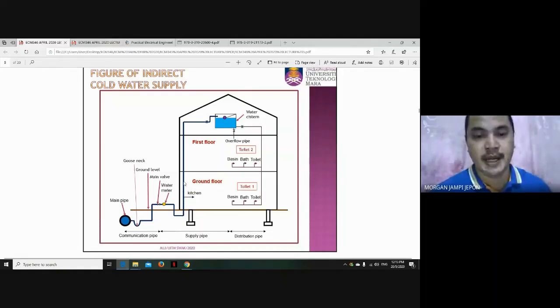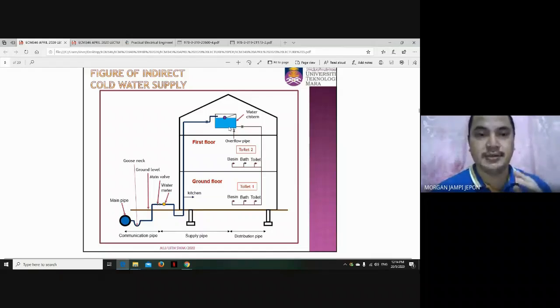And the main pipe will go to the water system here, and from water system then it goes to the toilet and bathroom, right? So the main difference is that the supply goes to the kitchen and the rest goes to water system.